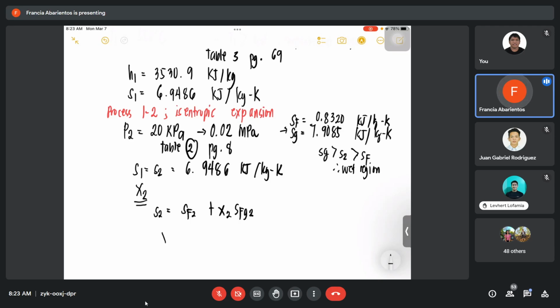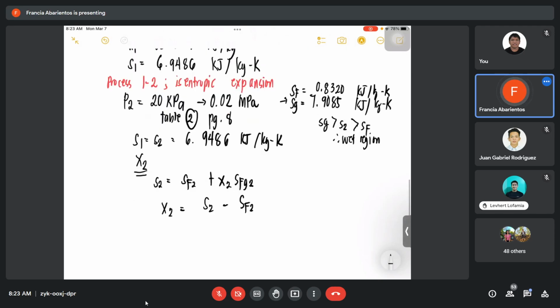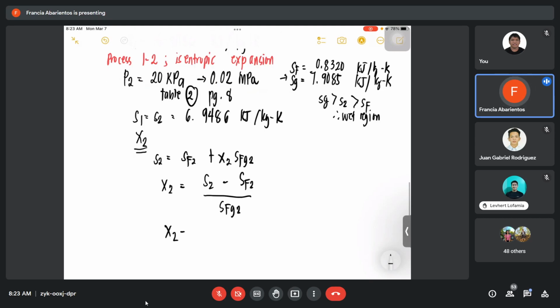So finding the quality at 0.2, we have S2 minus SF2 over SFG2. Finding the quality using the properties of 0.02 MPa at table 2, your S2 now, your quality is what? 86 kilojoule per kilogram Kelvin.